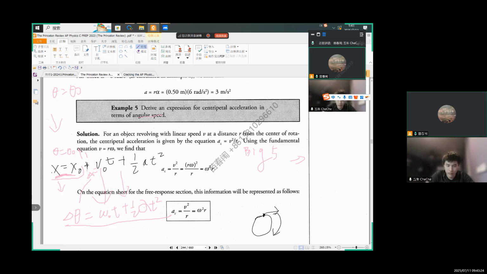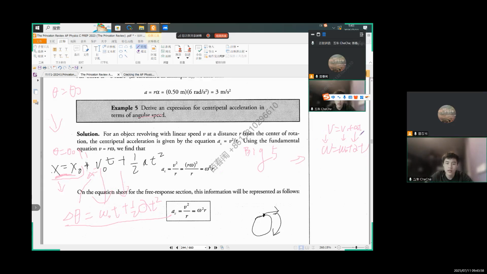And for the big five, before we also have v equals v0 plus at. So here I have omega equals omega 0 plus alpha t, because this is angular acceleration now. I don't want to prove it, but I checked with all the data. It actually checks out.